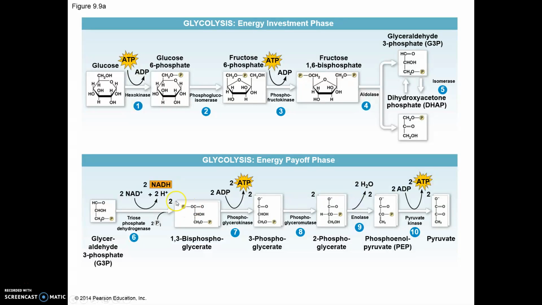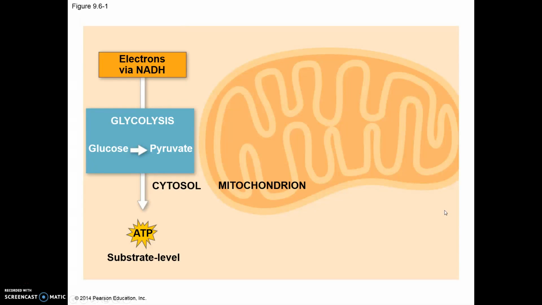We can then take that phosphate and pop it back onto ADP to produce ATP. We do a little bit more rearrangement and again end up with another unstable compound. We can then pop that phosphate group off, leaving us with pyruvate. And that moves us through glycolysis.